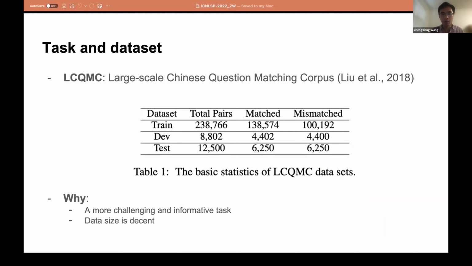That's because for text pair classification, the label is determined by a pair of sentences.